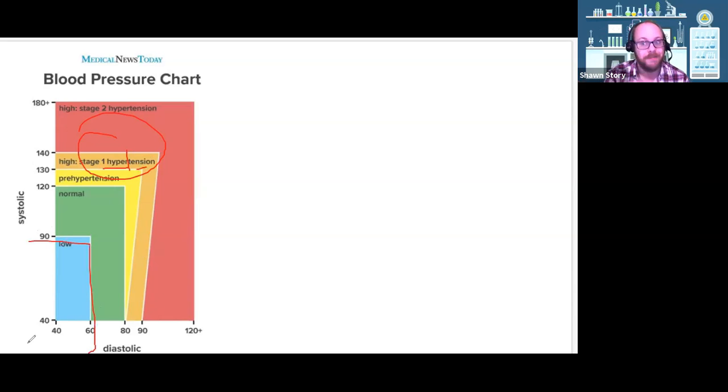Or the opposite. Does anyone know what the opposite of hypertension is, if someone's blood pressure is too low? We have a root word. We talked about temperature, and we said if someone was below temperature, they were hypothermic. So what would below blood pressure be called?